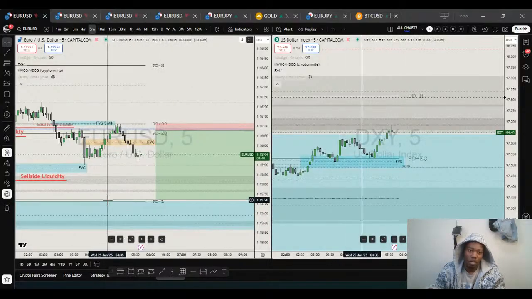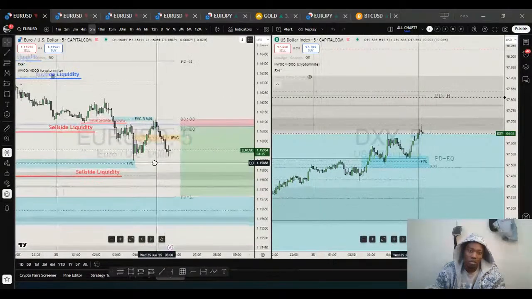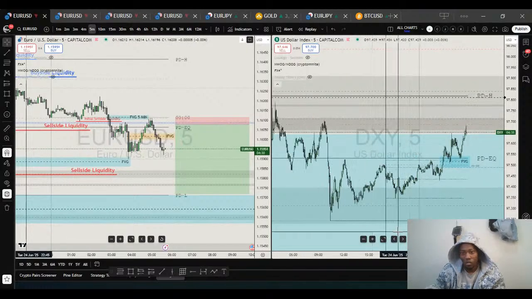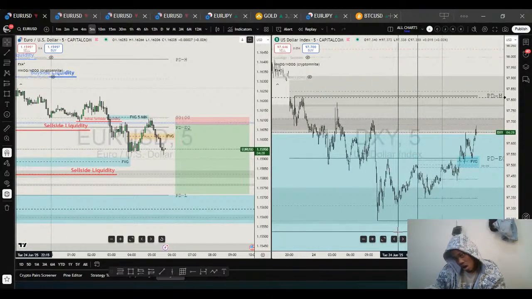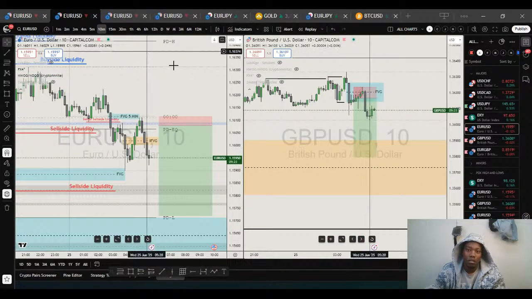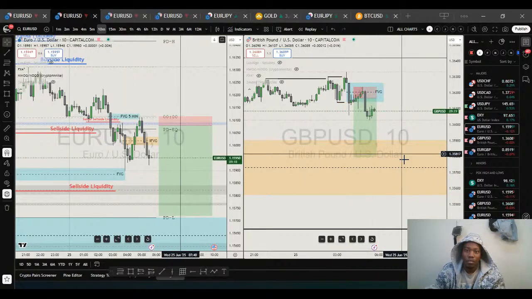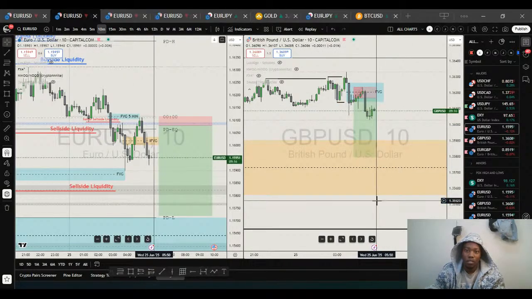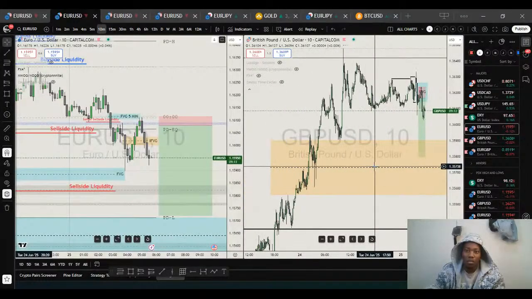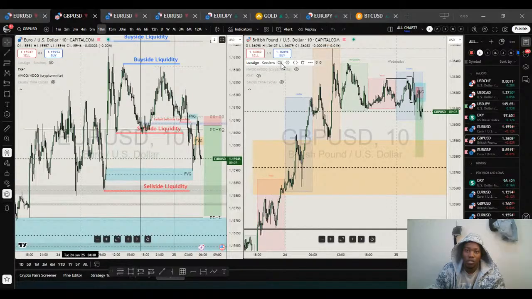So I just want to see what will happen here. This 15-minute fair value gap appears to be driving price lower, because I have an imbalance here on this 6 hour chart.